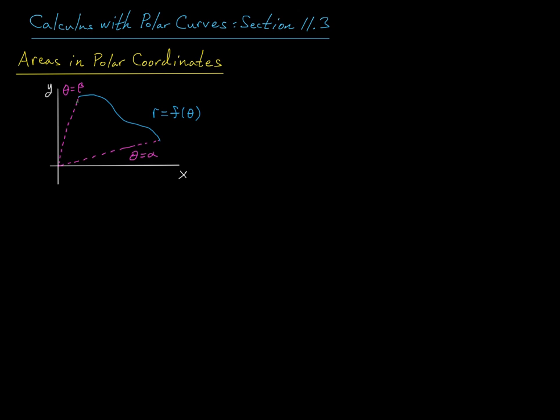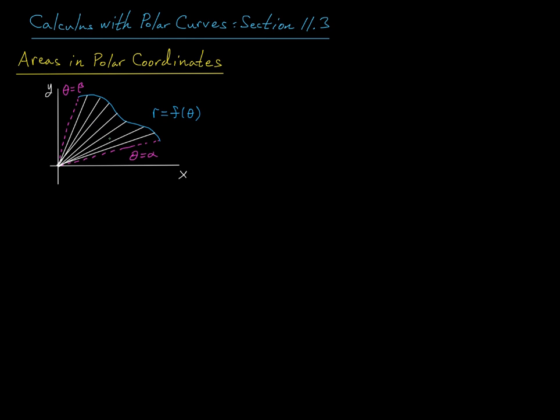Now to do that, it helps to think about a windshield wiper sweeping through this region as we rotate from alpha to beta. One complication is that the length of our wiper blade changes as we rotate. The length of the wiper blade is described by f of theta.